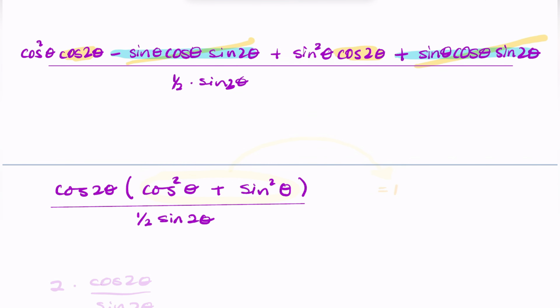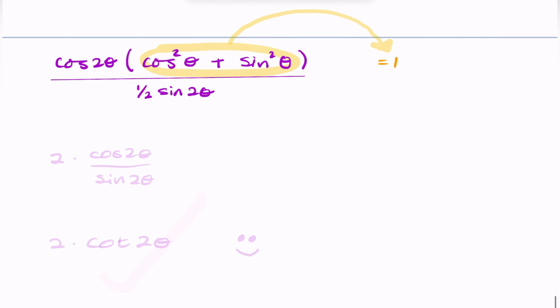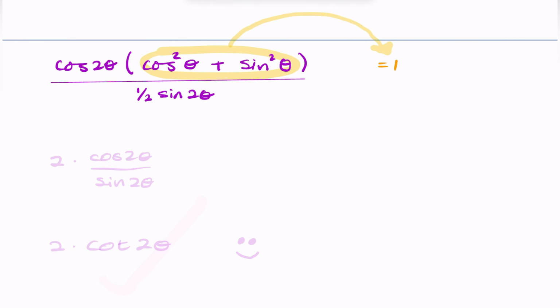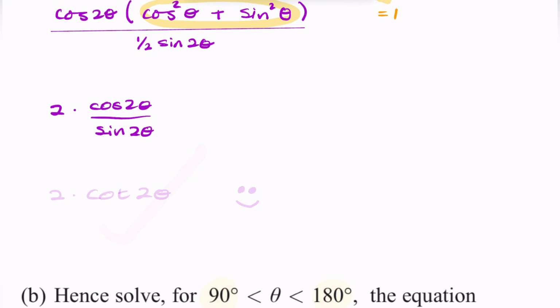So now, recognizing that this cosine squared plus sine squared is simply equal to 1 because of the identity, you end up with 1 over half being 2, so it's 2 cosine 2 theta over sine 2 theta, and cosine over sine is cotangent.